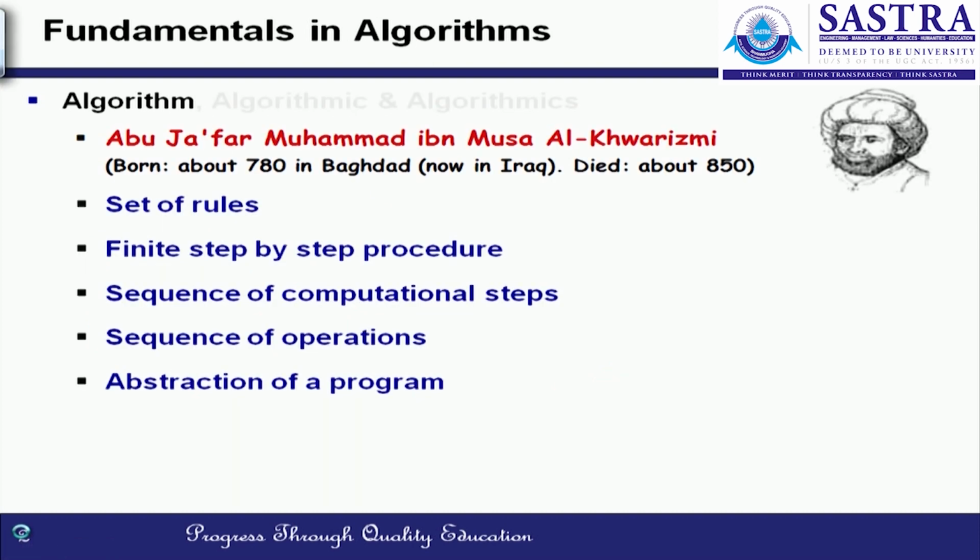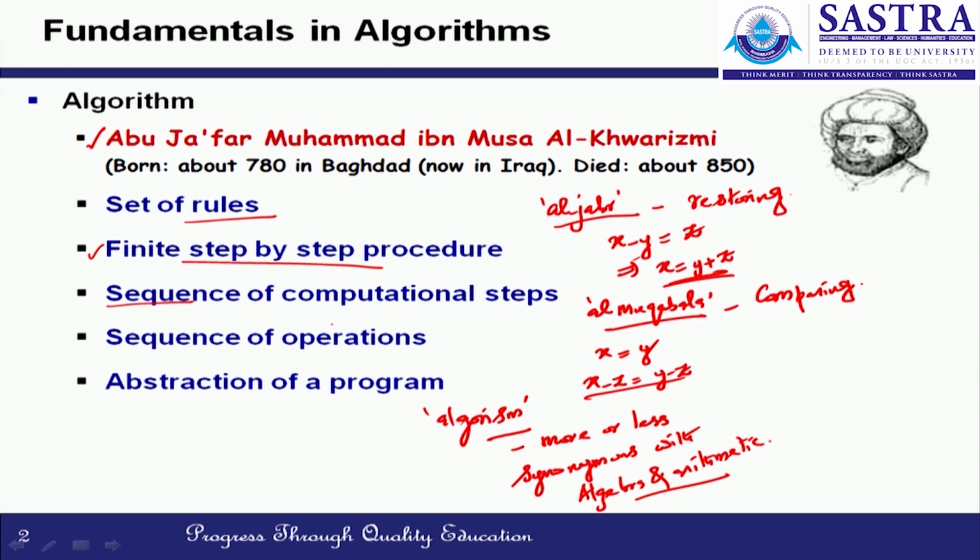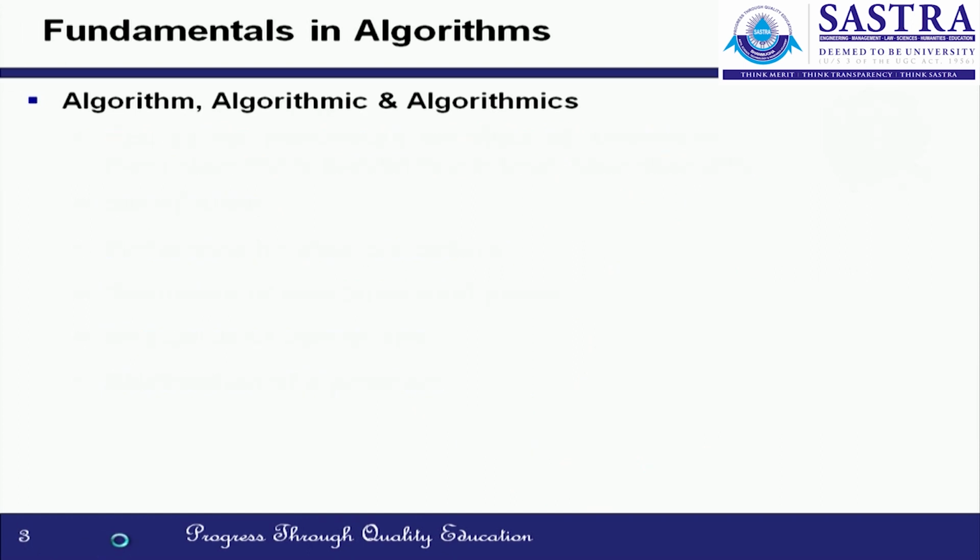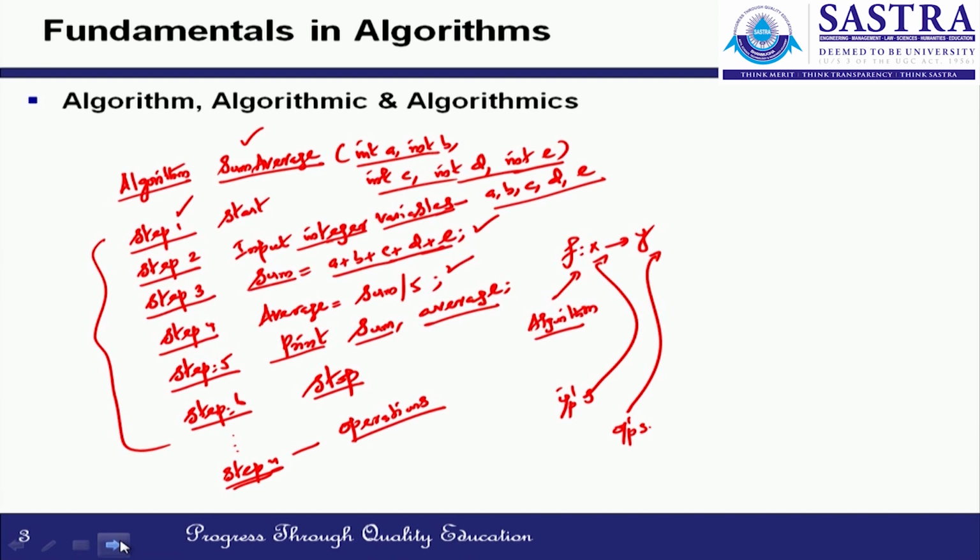That's what is meant here when an algorithm is defined as a sequence of computational steps, as defined here for finding the sum and average of 5 numbers. The sequence of computational steps: step 1, operation; step 2, perform this operation; step 3, find the sum; step 4, compute the average.